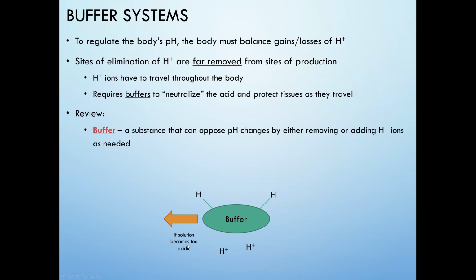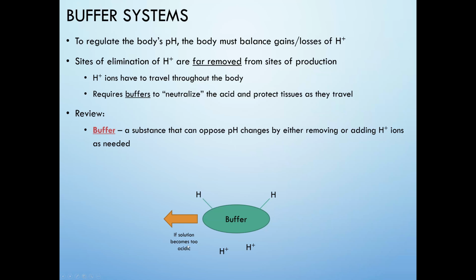It can bind to hydrogens or it can let them go as needed to change the concentration of hydrogen ions in the solution. A buffer system is usually composed of a weak acid and its conjugate weak base. And it's usually written in an equation like this, where you have the hydrogen ion attached to the molecule here, and you have a reversible equation where it can become unattached, and it would just be a free-floating hydrogen ion.